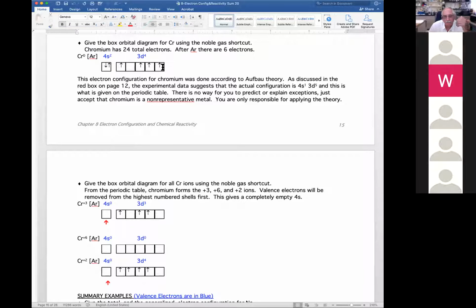So again, I would take it from the highest numbered shell, and then this doesn't change. But at least now this is completely empty. In chromium, the element, which is fairly stable, by the way, that's completely full. The only difference is now it's completely empty.